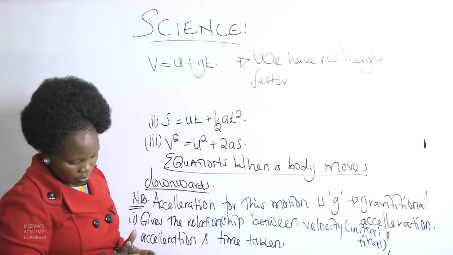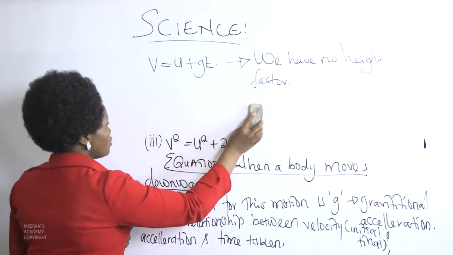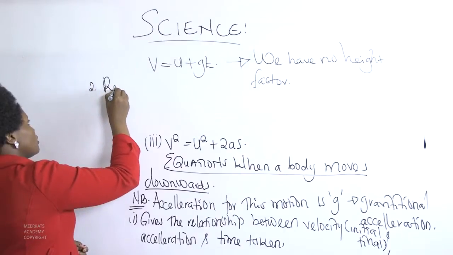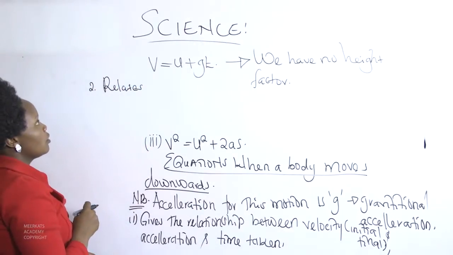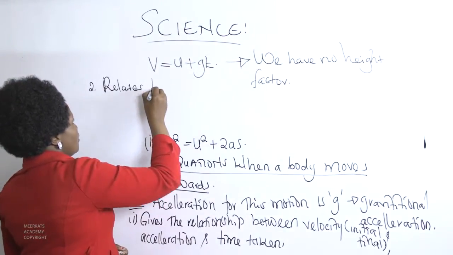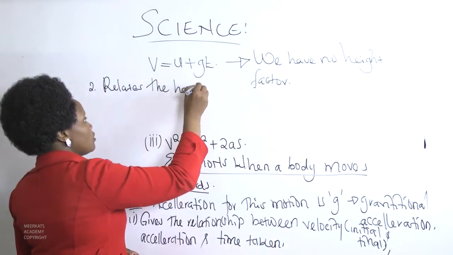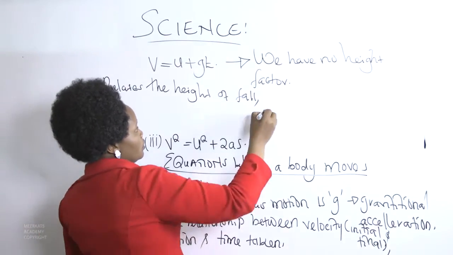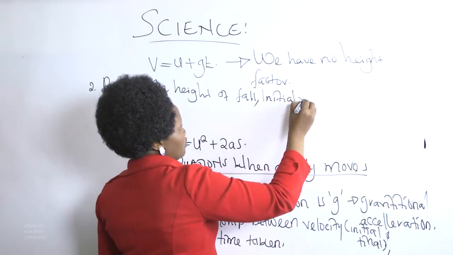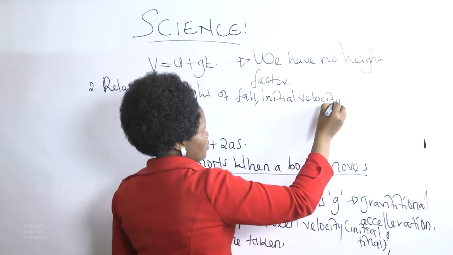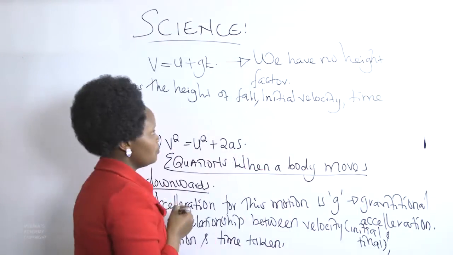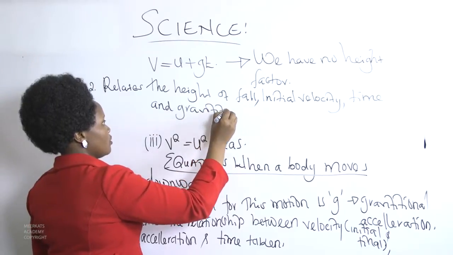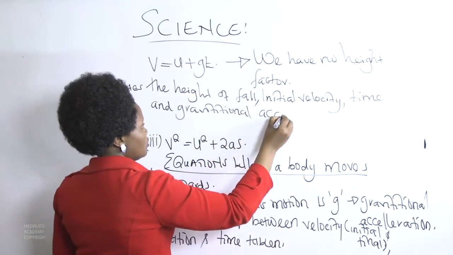Now, we go to equation number 2. Equation 2 relates the height of fall, initial velocity, time, and gravitational acceleration.